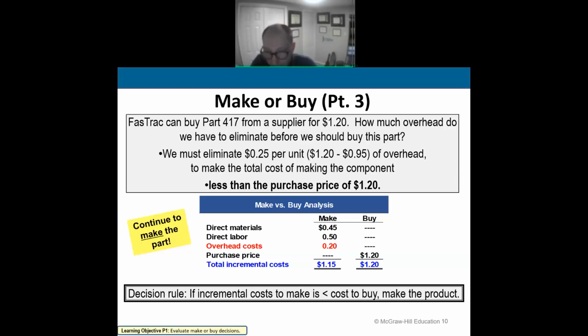So in order to make the decision fair, I would reduce my overhead cost on the make side by 25 cents in order to identify or allocate that overhead to the buy part. Does that make sense?